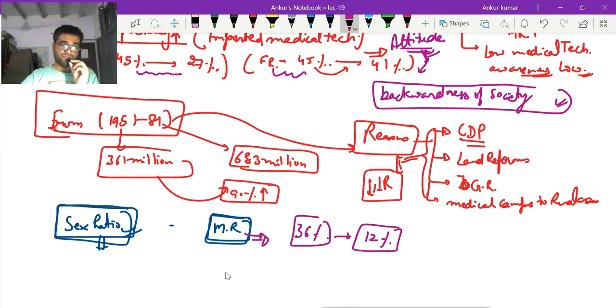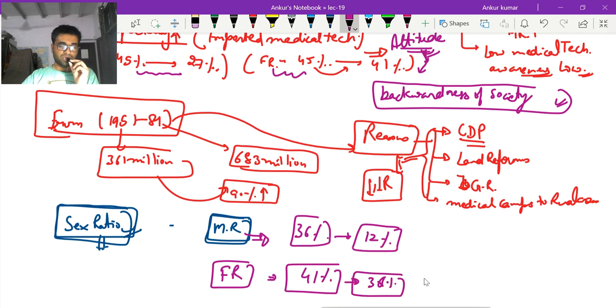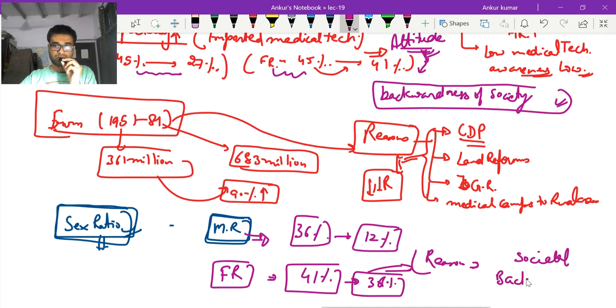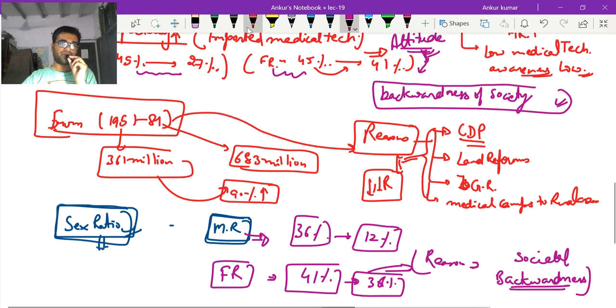However, the fertility rate witnessed a very small or marginal reduction, from 41 to 36. And the reasons were very simple. The reasons for this marginal reduction were again the societal backwardness. Right, so this was the phase from 1951 to 1981.